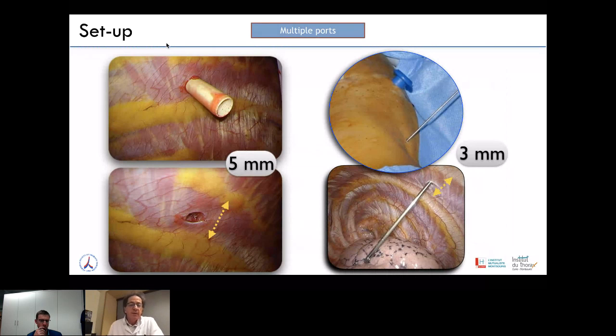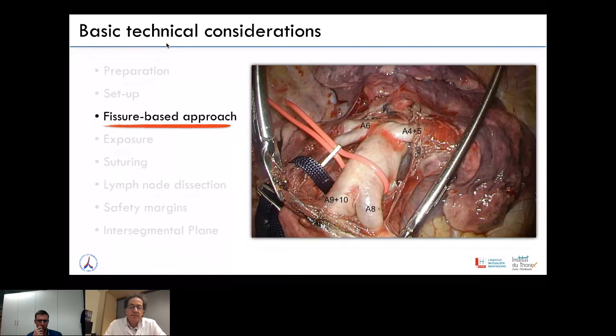So we are using a fissure-based approach, and I think this is mandatory, maybe not for lobectomy, although I think it's preferable, but for segmentectomies, I think it's mandatory, especially if you don't have a preoperative modelization, because it gives you a better idea of the direction of the vessels, and it's the only way to detect anatomical variations.